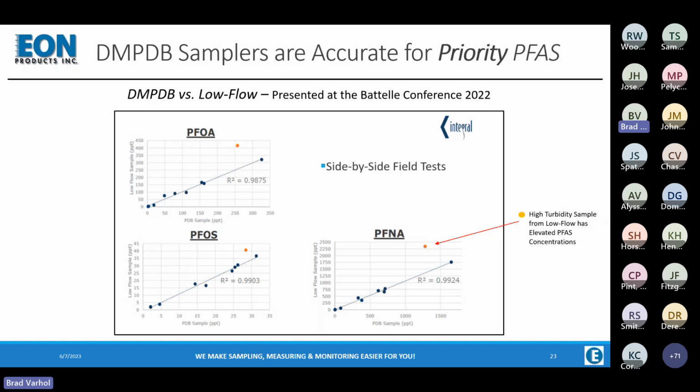So we had a twofold effect, a higher concentration and also higher reporting limits that in one case were above the 13 nanograms per liter state limit. So it's pretty hard to understand what's happening in a well if our reporting limits are higher than our MCLs.